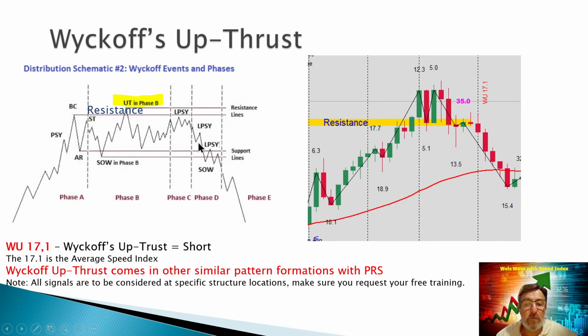Too many stuff, too advanced. So I try to make this stuff easier. Okay. So the upthrust is a false break basically on a distribution structure. In this case, it's this phase here. We're breaking this resistance level with a false move.